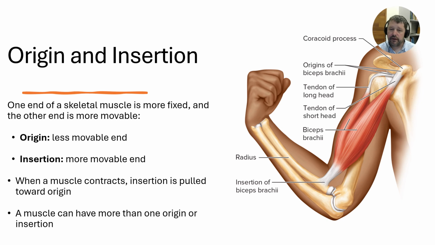And it gets a lot more complex than that because a lot of muscles will have multiple origins and multiple insertions, or maybe just multiple origins and one insertion. It just depends in many cases. In this case, you can see it has two origins and a single insertion.